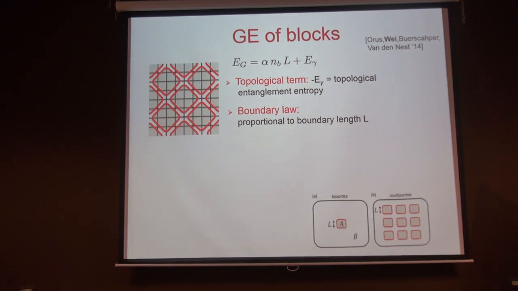So I want to contrast, this is the area law for the entanglement entropy. You have a bipartition, and the entanglement will be proportional to the boundary of the subsystem.